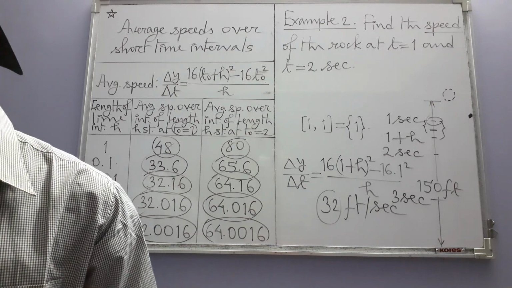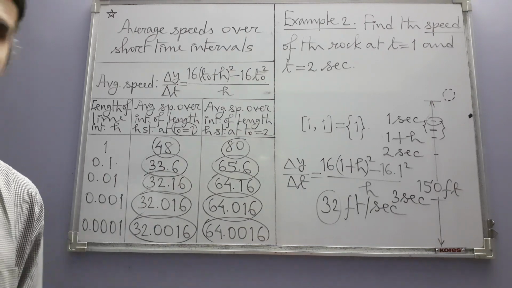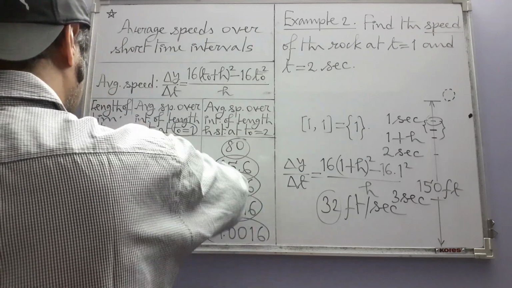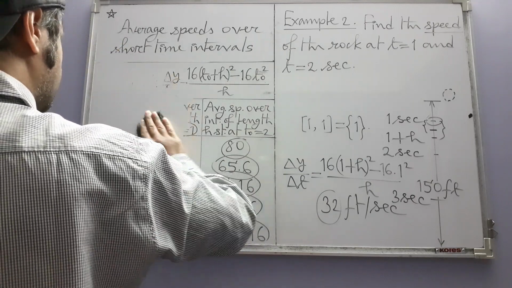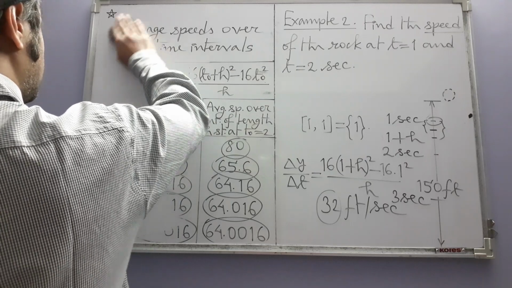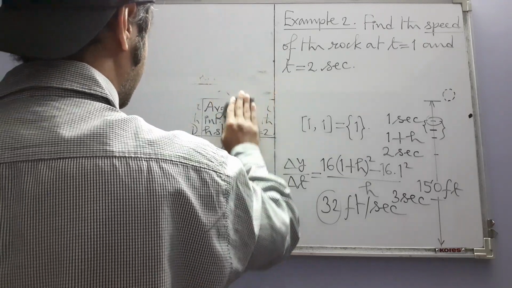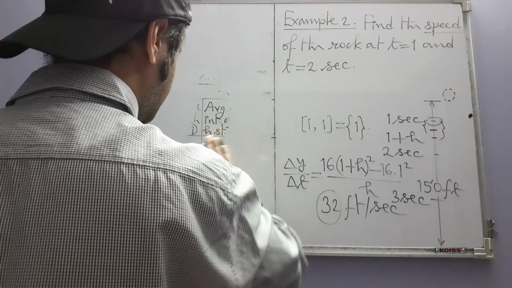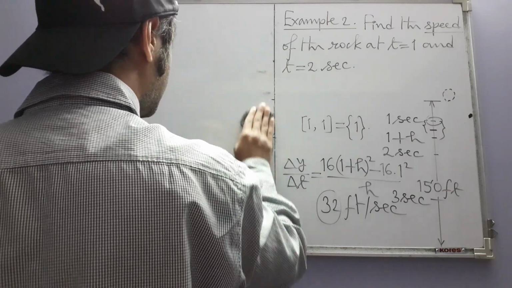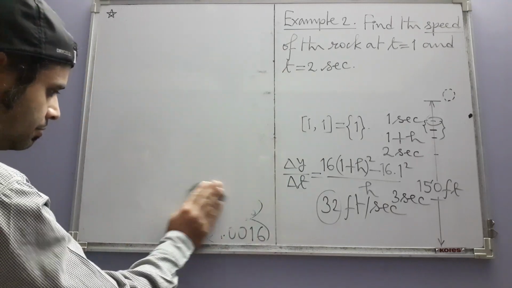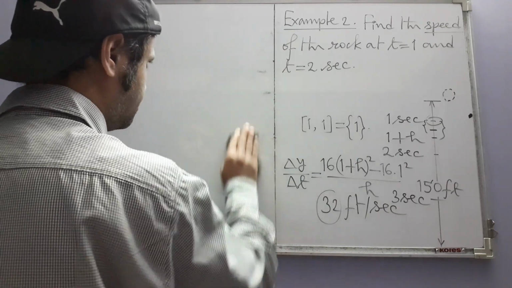Now let's see what the authors have actually said. We can view this whole thing like this also, that 32 is the thing that we want, which is a limiting value.